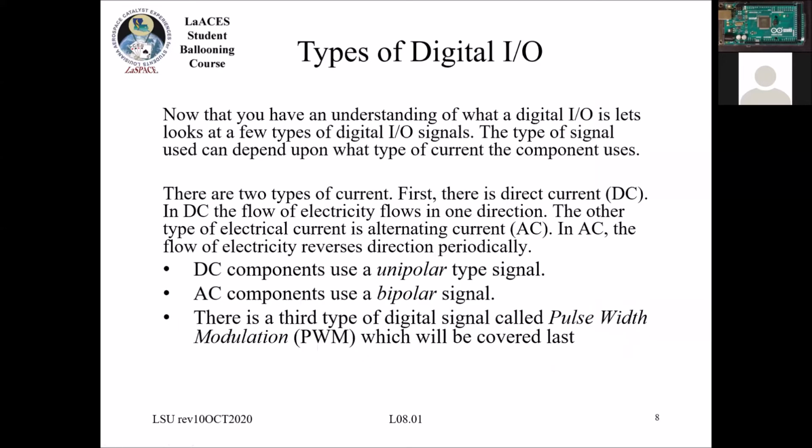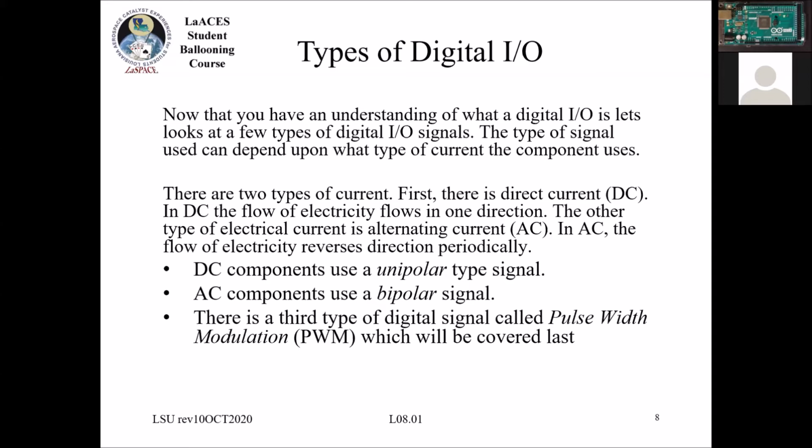So there's actually a few different types of digital IOs. One thing to note is there's usually 2 types of current that we talk about. Direct current is where the current is only flowing in one direction, and alternating current is where it's flowing in both directions.